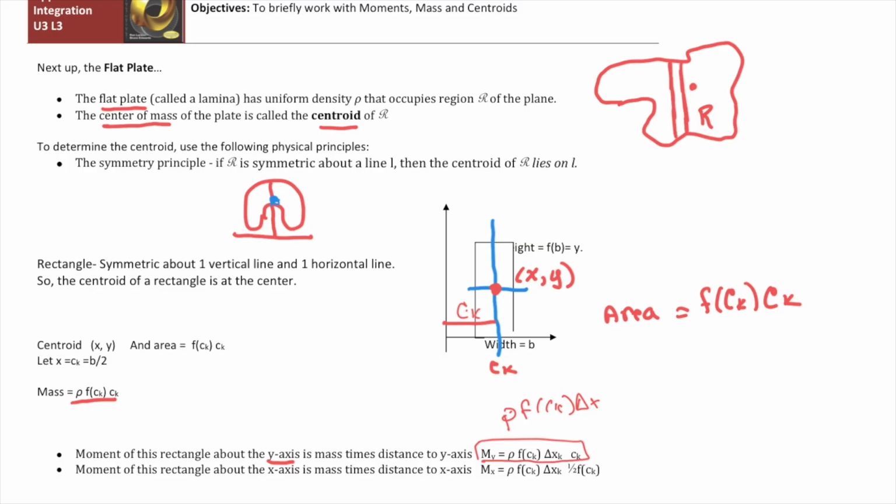And then if we find the moments with respect to x, let's think about what's happening to the x-axis. Well, from the x-axis, what we know is that those moments are once again going to be equal to the mass multiplied by 1/2 of the height of each one of these rectangles.